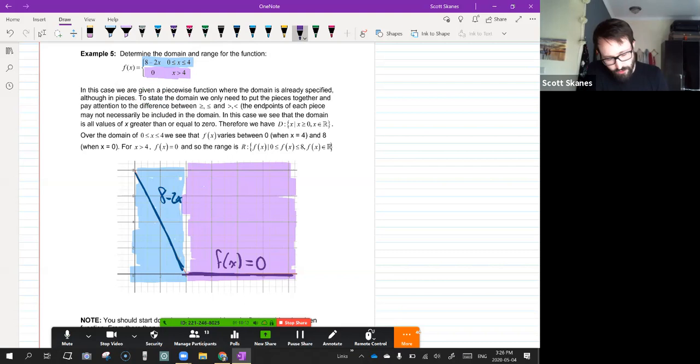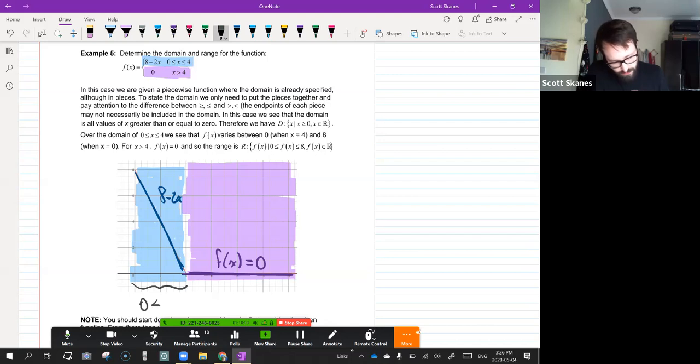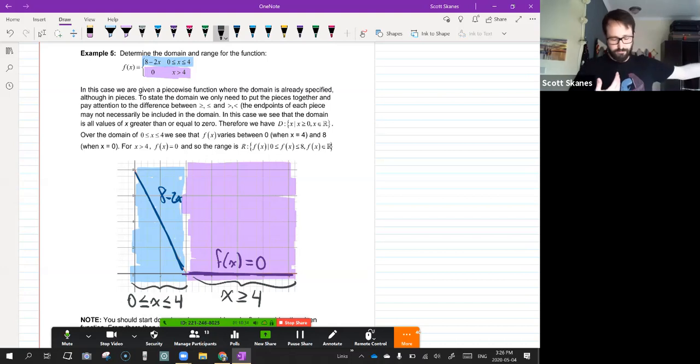I'll do one more thing to make it as clear as I can. This section here is x greater than 0 and less than 4. After that, this is your x greater than or equal to 4, all of this, and it goes on forever.